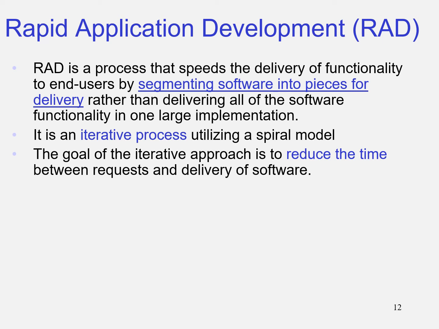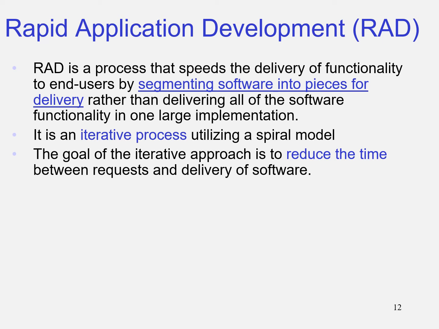So RAD is trying to prevent what happened in waterfall. It will break down the software into smaller pieces and then deliver it to the user, so the user can see the system begin to work bit by bit, and they can give feedback straight away.